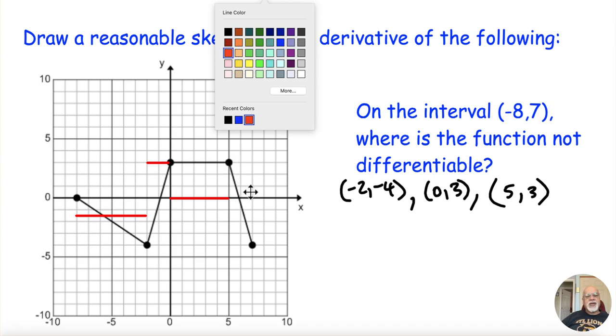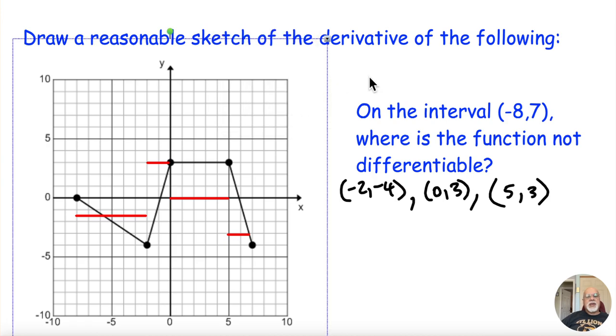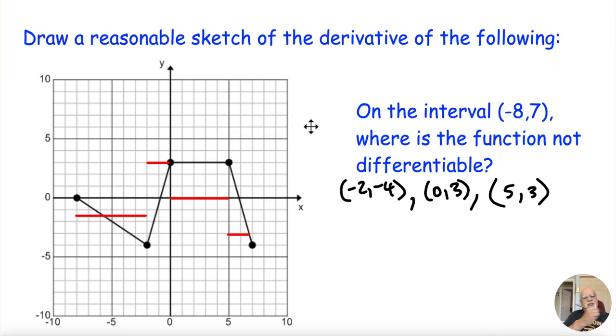So the slope is -3. So that would be about, let's see, about here somewhere. So there's a reasonable graph of what the derivative might look like.